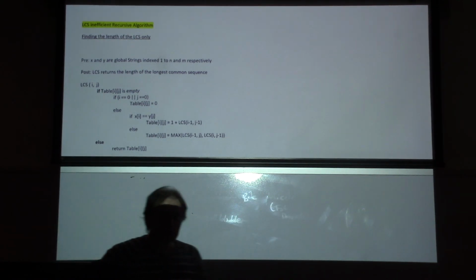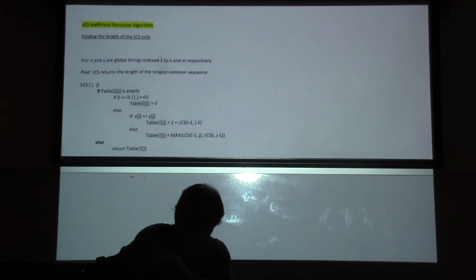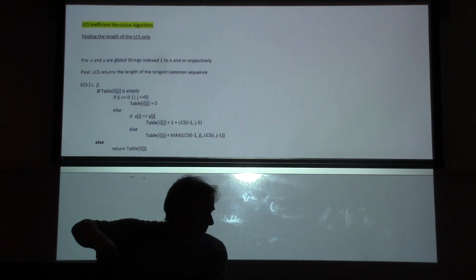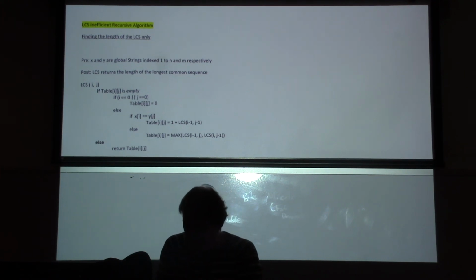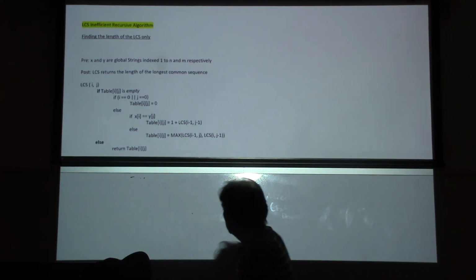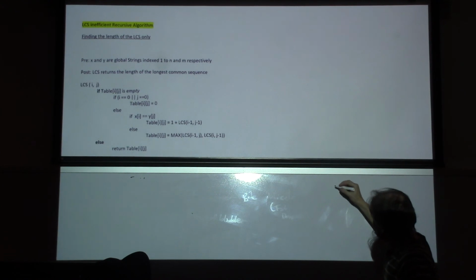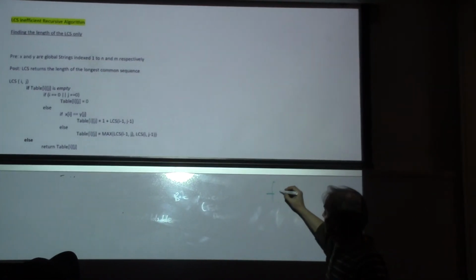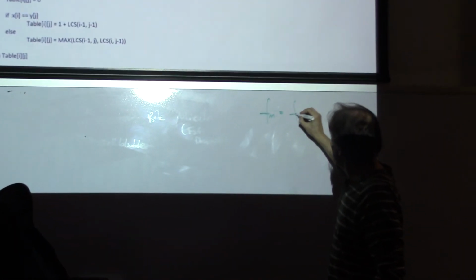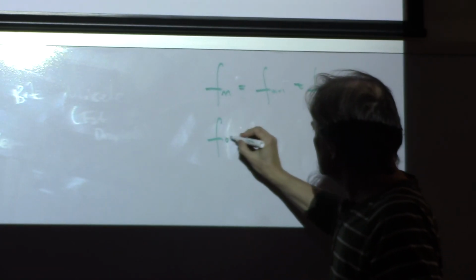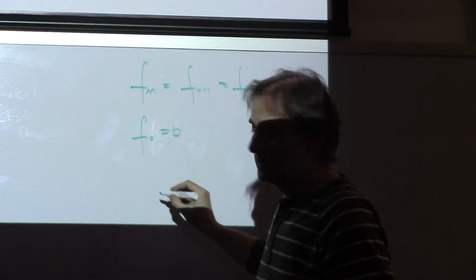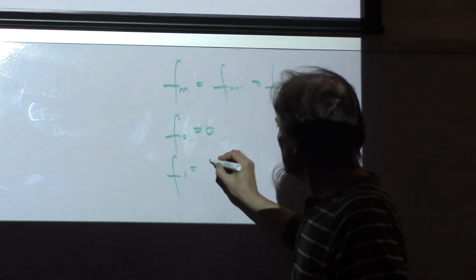Let me know if this pen looks okay. Can you see it? The nth Fibonacci is equal to f of n minus 1 plus f of n minus 2, such that Fibonacci 0 is equal to 0, and Fibonacci 1 is equal to 1.